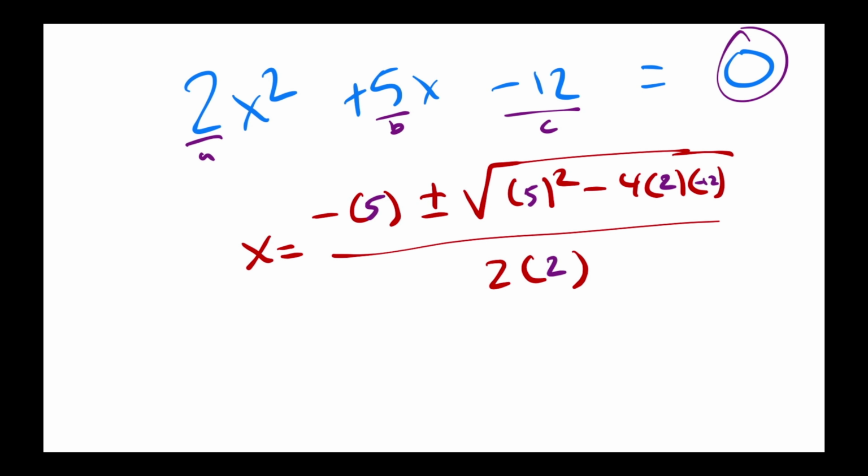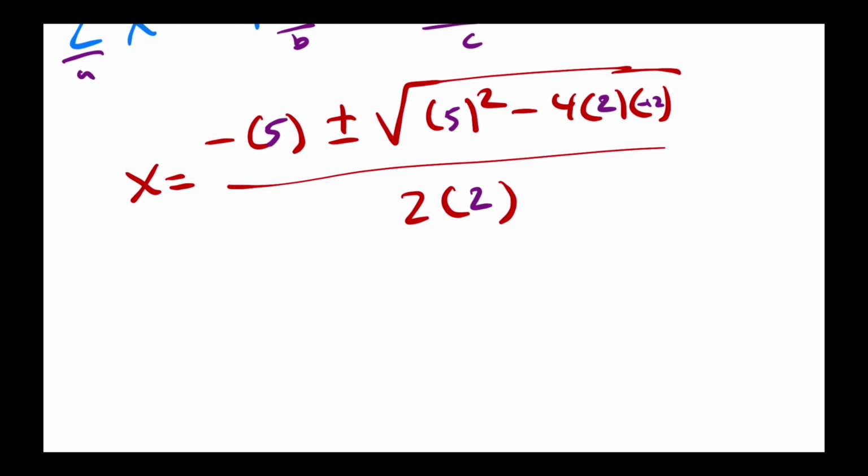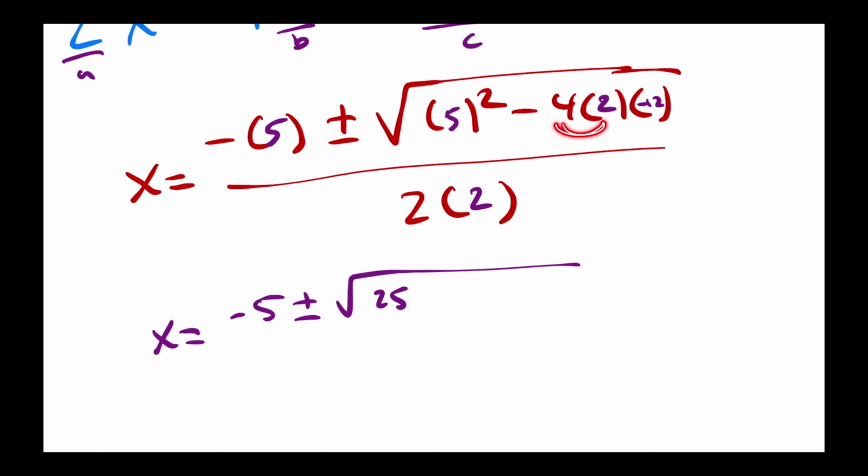Okay, so let's solve this. Let's simplify this. So we get x equals, let's clean this up, -5 plus or minus the square root of 5 squared, which is 25. And then let's multiply these. What's -4 times 2? -4 times 2 is, good, -8. And -8 times -12 is positive. What's 8 times 12?